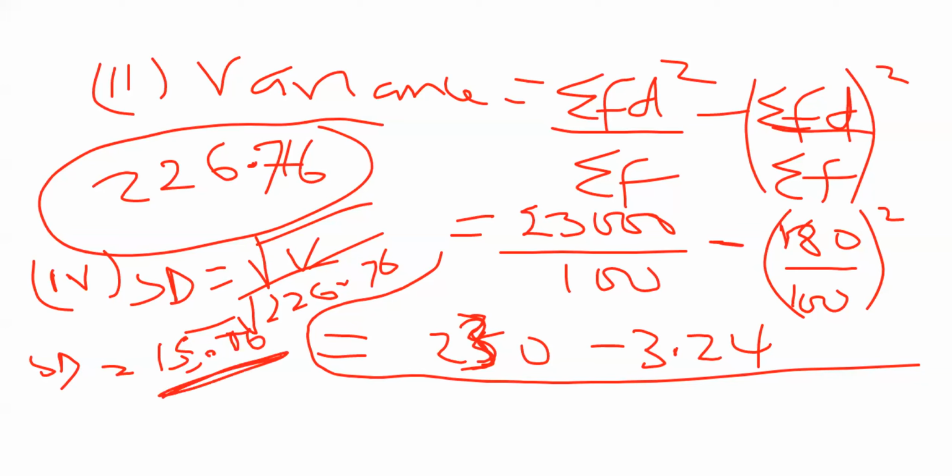So that is the solution to Roman figure 1, 2, 3. We'll now move on to Roman figure 4 and 5. So that's all for variance, and that's all for standard deviation. Any questions?